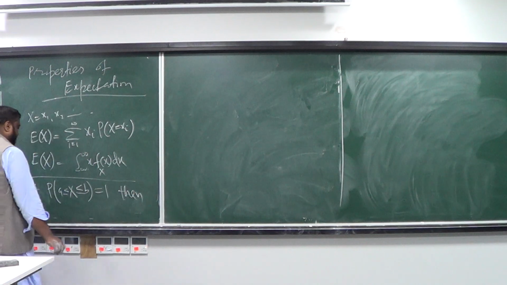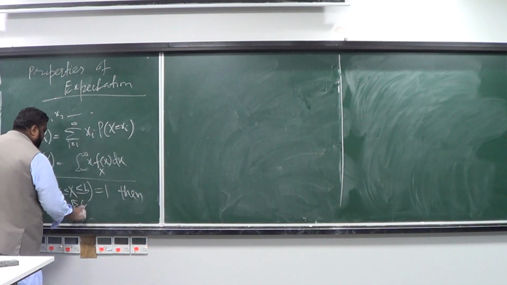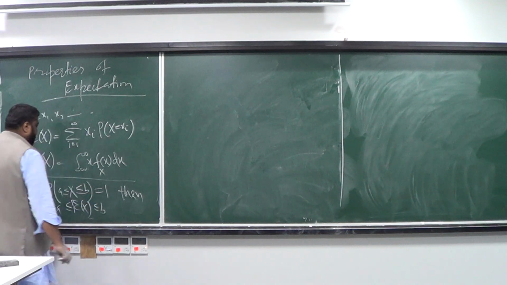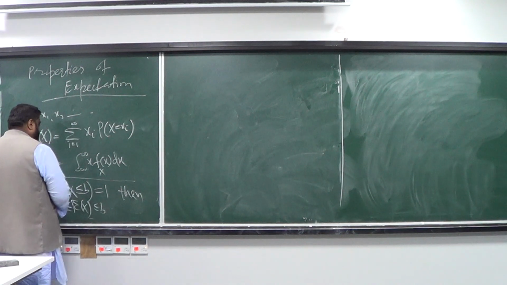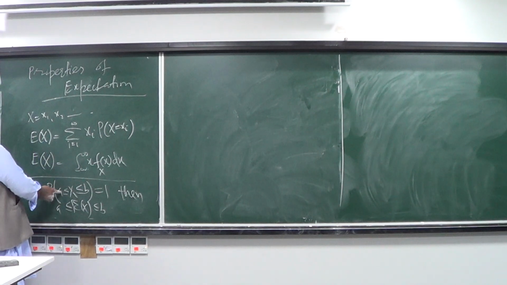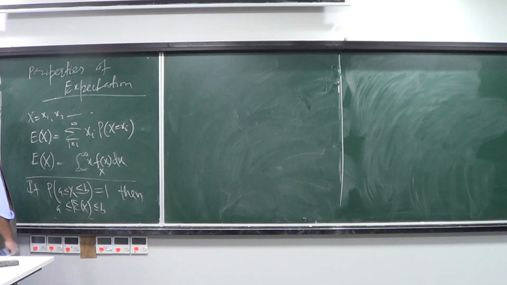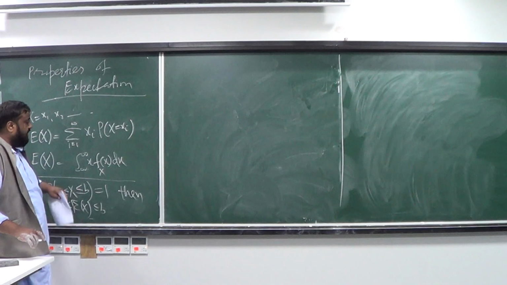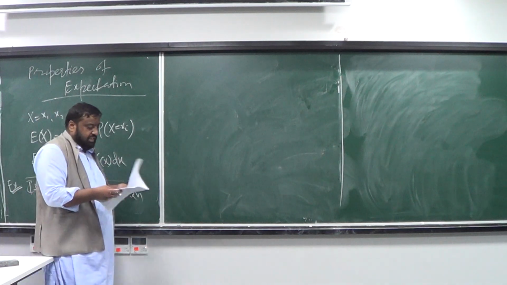Then the expectation of X is going to stay between a and b. So if X is between a and b almost surely, in other words it's true with probability 1, then the expectation of X should also be between a and b. You can treat this as a little exercise for you: if this is given to you, how can you derive this result?